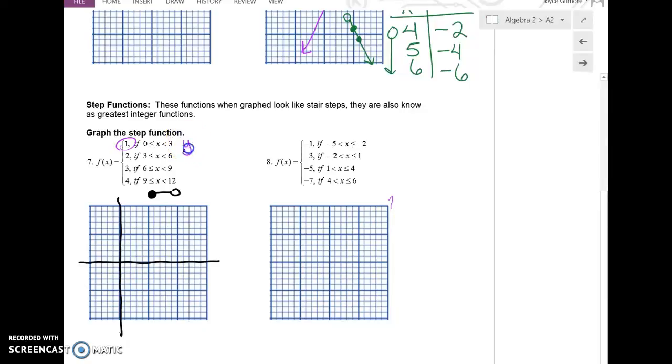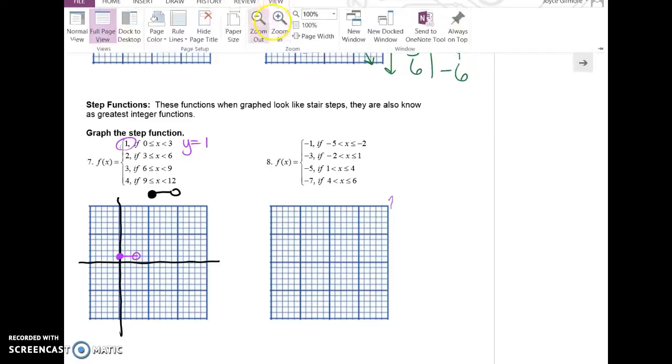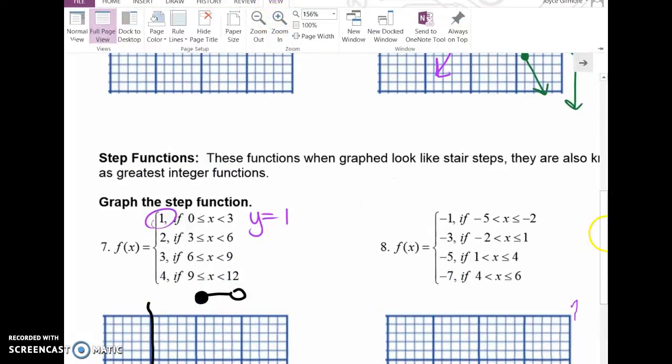This first equation is the horizontal line y equals 1. But it has to be for the x values 0 through 3. Let me zoom in a little bit so you can see this even better.